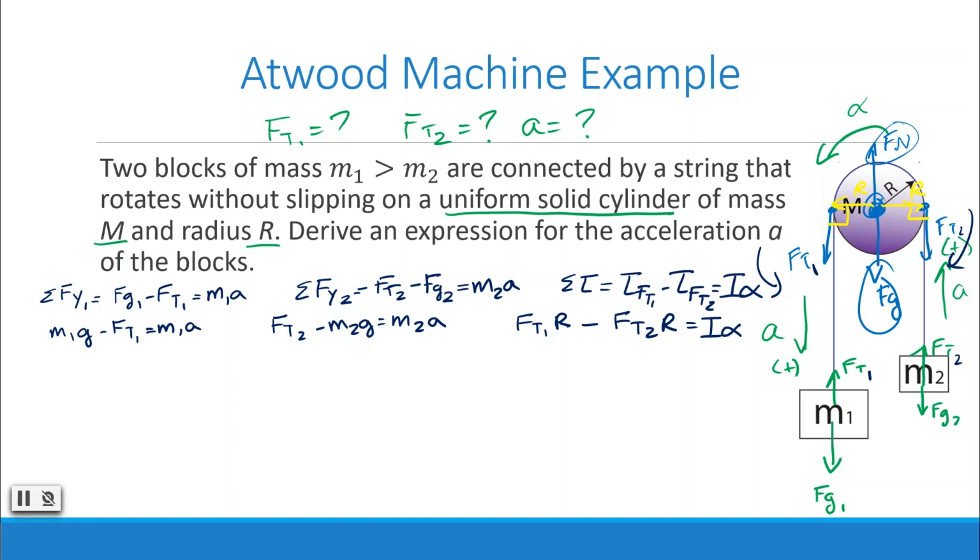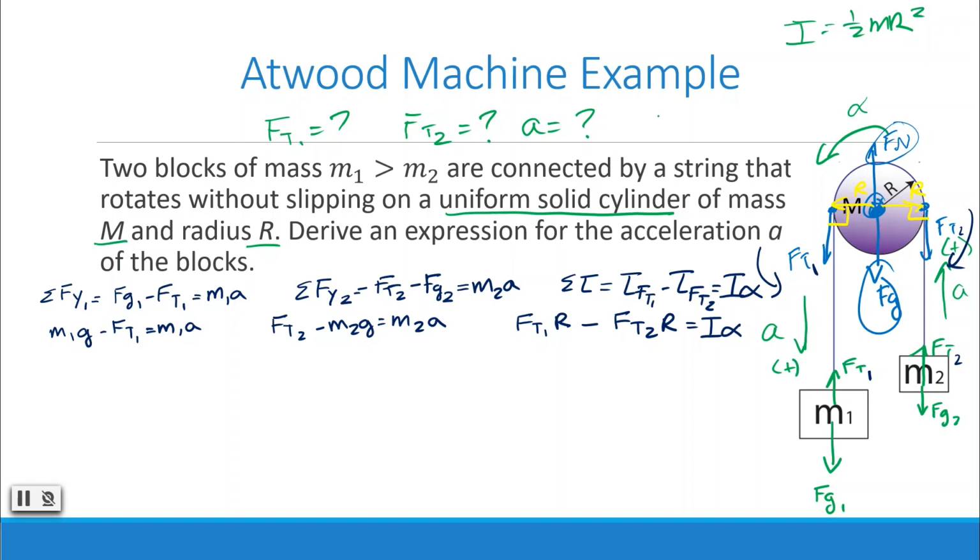When we look at the third equation, we don't know Ft2 or Ft1. We have I, and we know it's a uniform solid cylinder, so we can assume that our I is 1/2 mr squared. This would be the type of problem where I would give you the formula for the rotational inertia, because guessing the right one in a problem this complicated is the least of the problems that I need you to have.